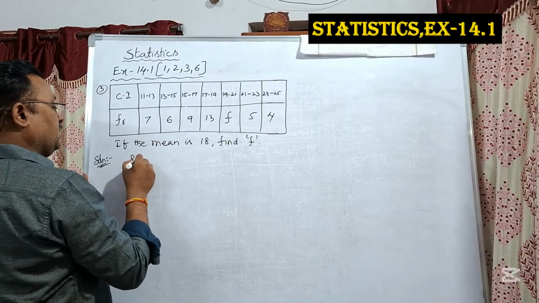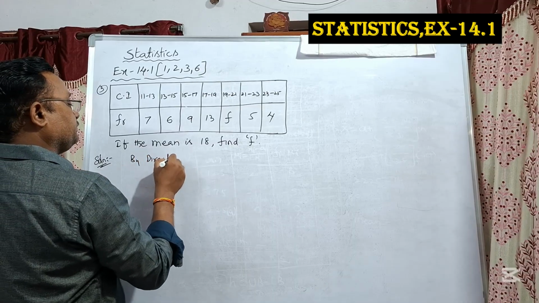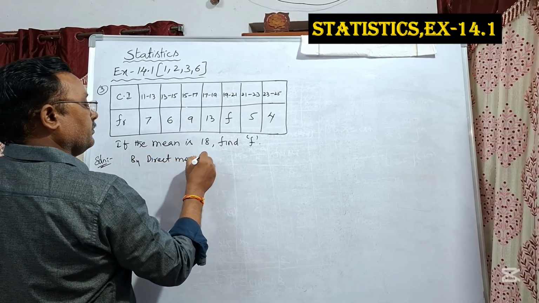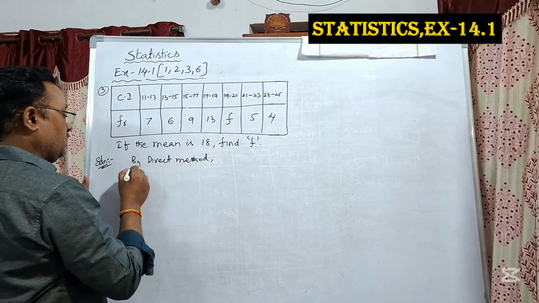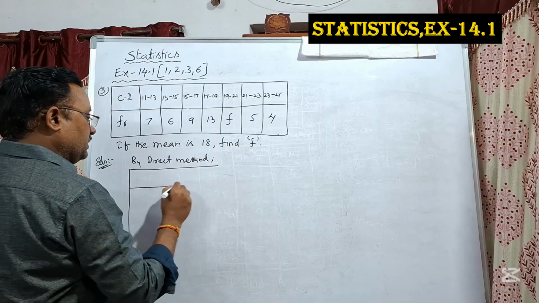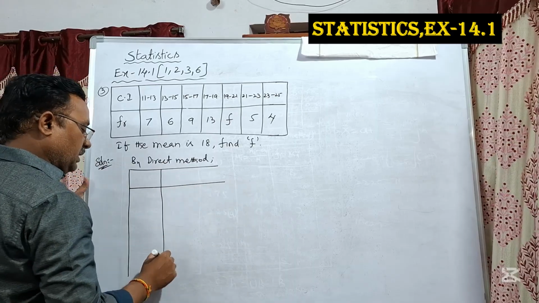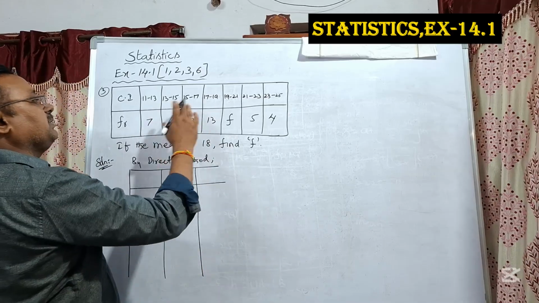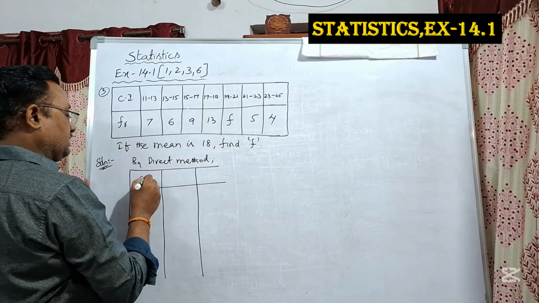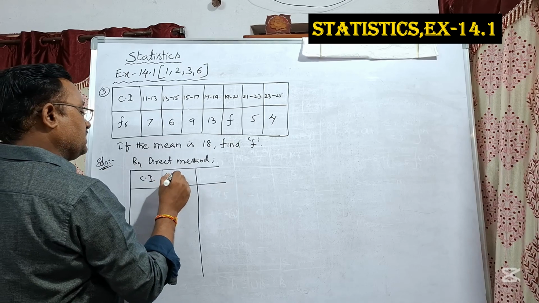By the direct method, prepare the table, because for the direct method 3 columns are enough. Among them, 2 columns are already in the data: class interval and frequency fi.